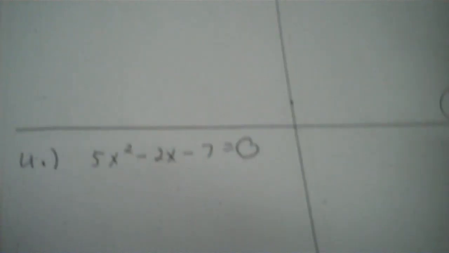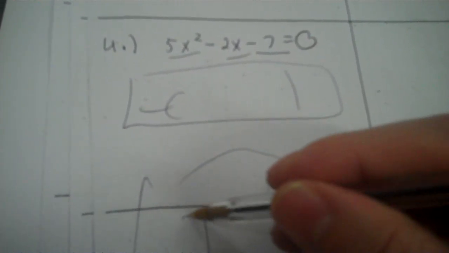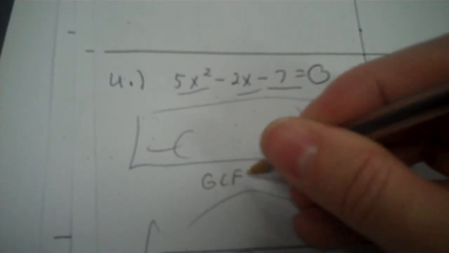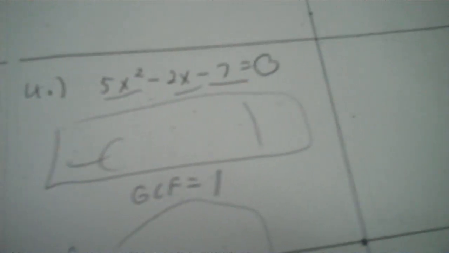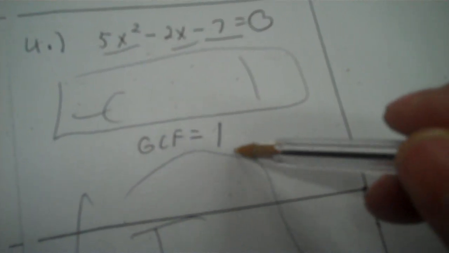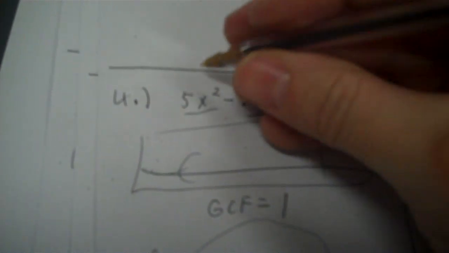Okay, next problem. 2 answers. You have the 0. You got 3 terms. So GCF table. 5, 2, and 7 is just in the first row. 7's a constant, so you can't do an X, and no negative. Now, ABC.